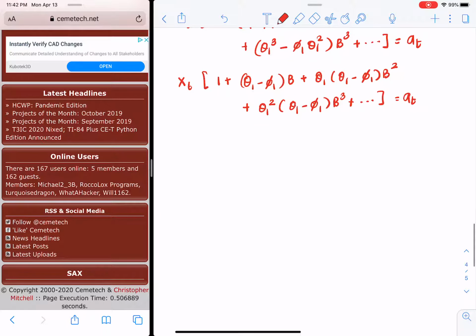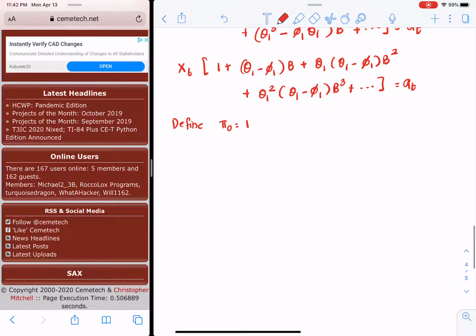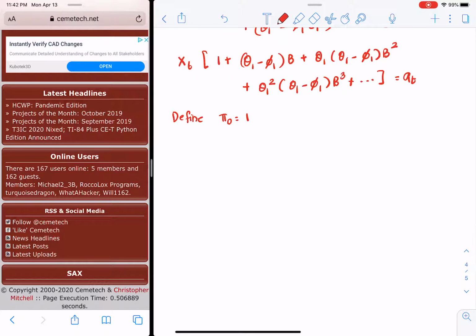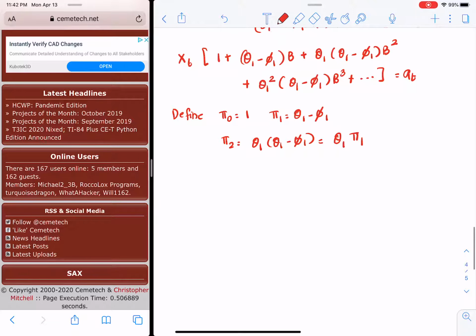Here I'm going to define pi 0 to be equal to 1 and pi 1 would be theta1 minus phi1. Pi 2 would equal theta1 times (theta1 minus phi1).